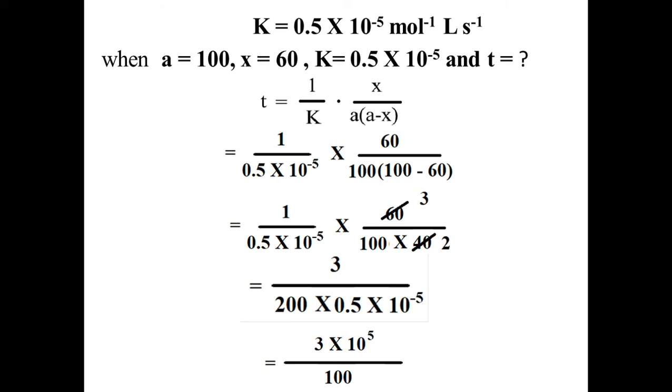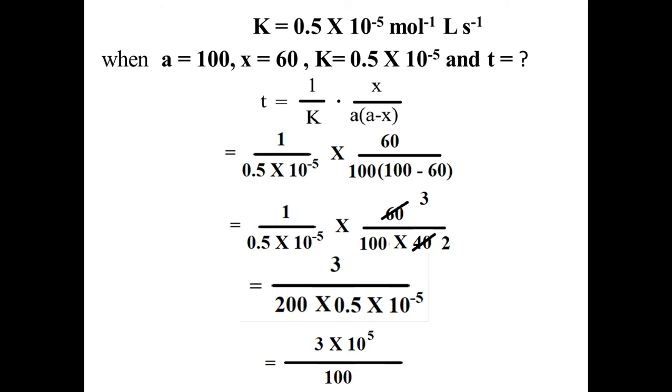In the next step, 1 divided by 0.5 into 10 to the minus 5, into 60 divided by 100 into 40. 20 threes are 60, 20 twos are 40. Next step: 3 divided by 200 into 0.5 into 10 to the minus 5. Here 10 to the minus 5 goes upside, minus becomes positive. 3 into 10 to the power of 5 divided by 200 into 0.5, which gives 100.